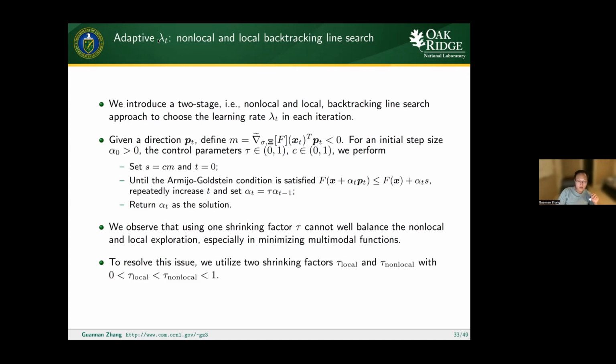We also need a local factor to explore the local region very well to make the algorithm more robust, because after we escape from all the local minima, once we are approaching the global minimizer, we need to reduce the smoothing radius, and we need to explore the local region to get the final convergence. In that scenario, we do need to explore the local region. That's why for robustness, we include both the local and non-local backtracking.